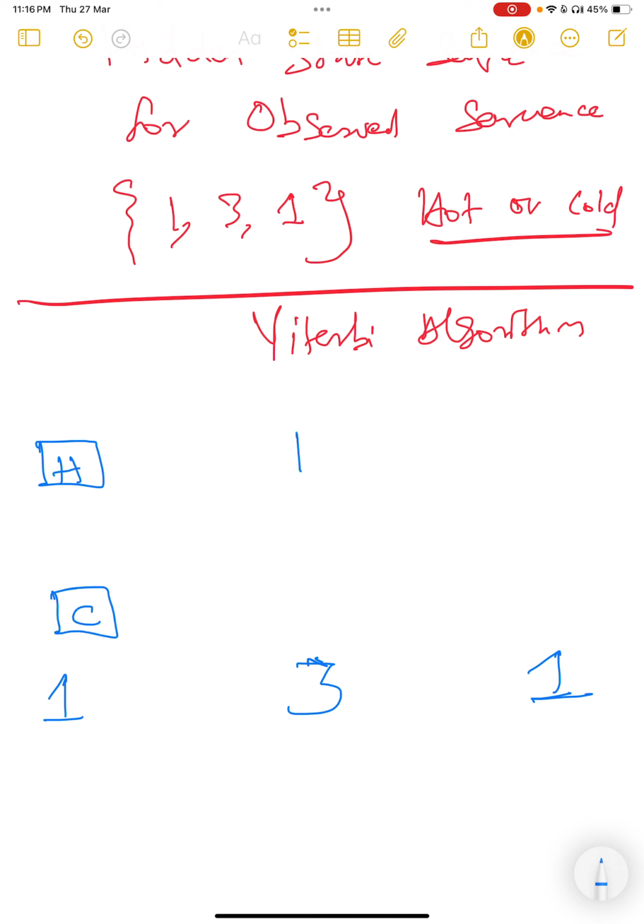So we are putting H or C, whatever it can be. For each day it can be hot or it can be cold.